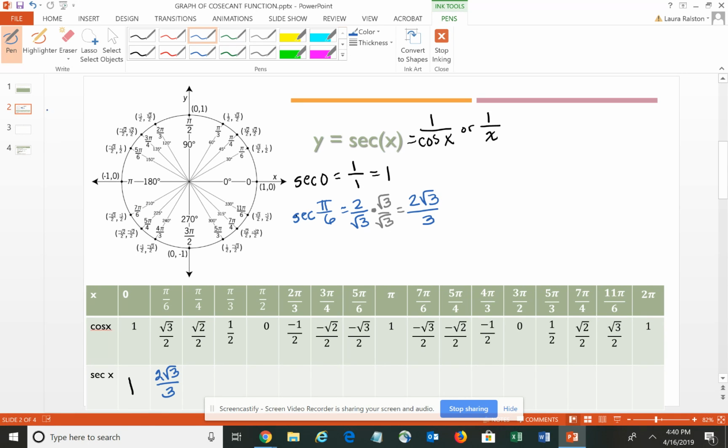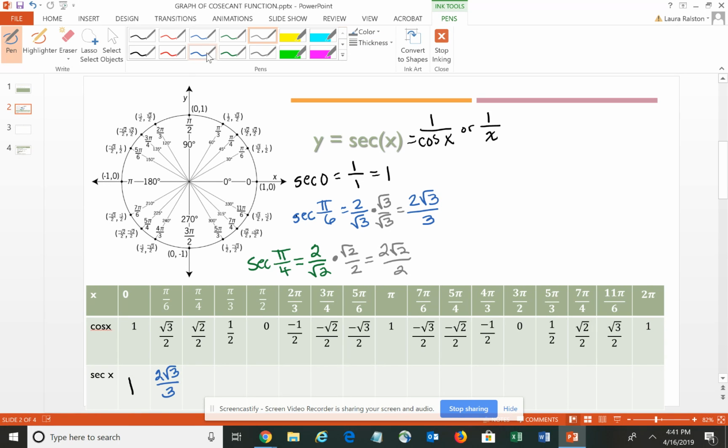Okay, then let's look at the secant of pi fourths. The secant of pi fourths is going to be the reciprocal of the square root of 2 over 2, which is 2 over square root of 2. Again, I realize I have a radical in the denominator, so I'm going to rationalize, multiplying by the square root of 2 over the square root of 2, which gives me 2 square root of 2, all divided by 2.